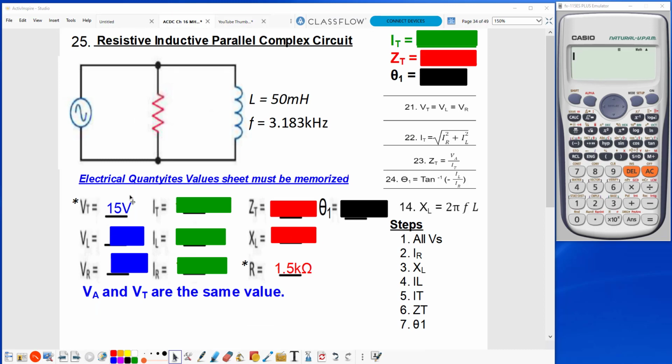All right, so I start with a total voltage of 15 volts, and I have a resistance of 1.5 kilohms. This being a parallel circuit, the first thing that I realize is that I have all of my V's. I was only given VT on the math handout, but understanding that this is a parallel circuit and voltage stays the same in parallel, I can go ahead and fill in all of my voltages.